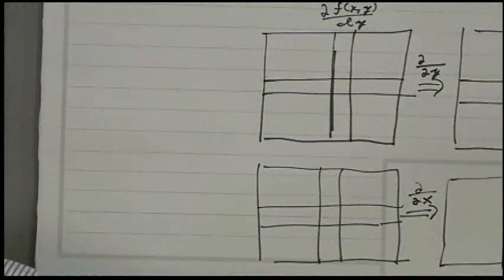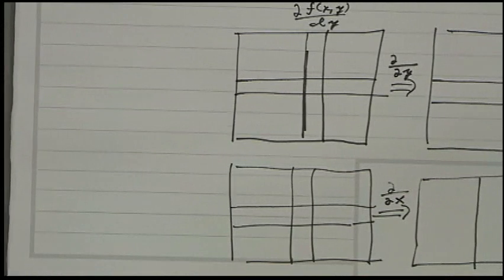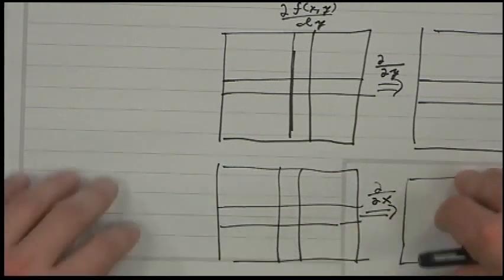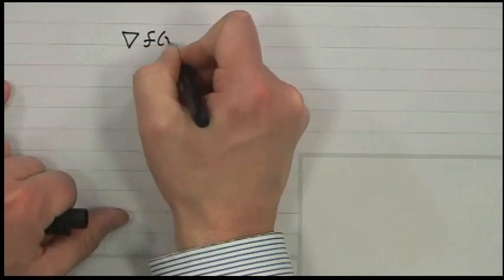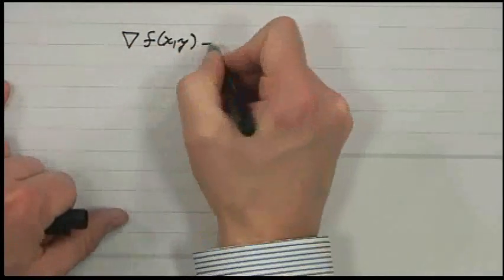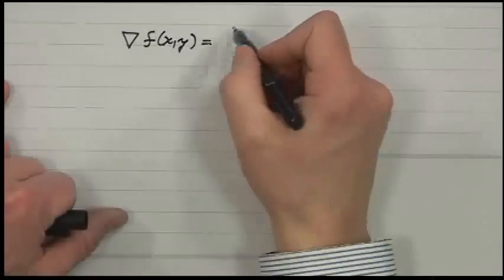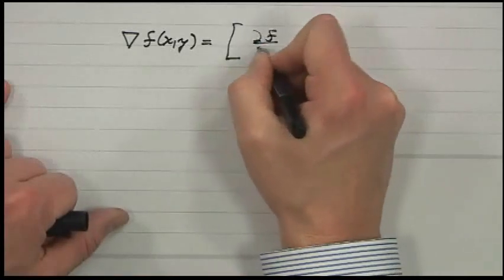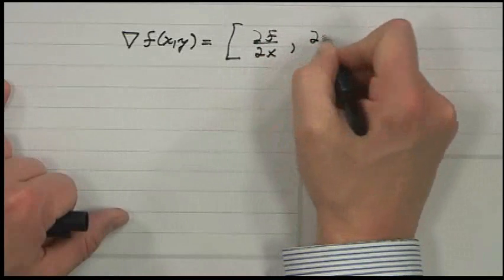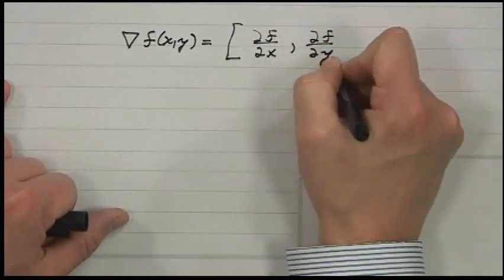I'm jumping ahead a little bit here, but I can't help myself. If you take the gradient of f of x,y, the gradient's a vector. So it's going to be like df/dx, comma, df/dy.